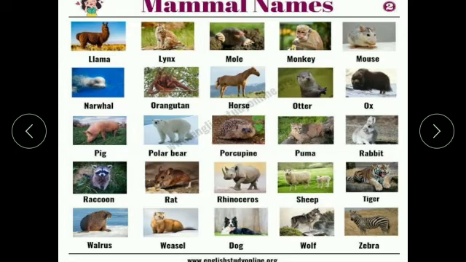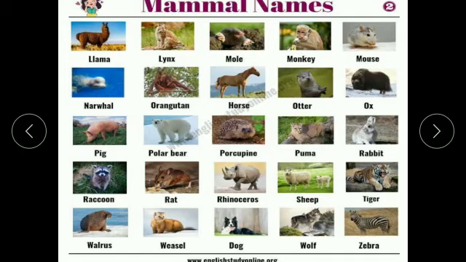Monkey, mouse, ox, otter, horse, orangutan, narwhal, pig, polar bear, porcupine, puma, rabbit, tiger, sheep, rhinoceros, rat, raccoon. Usually we don't see raccoons in India. Walrus, weasel too, dogs, everywhere around the world. Everybody must have seen a dog. And wolf and the zebra.